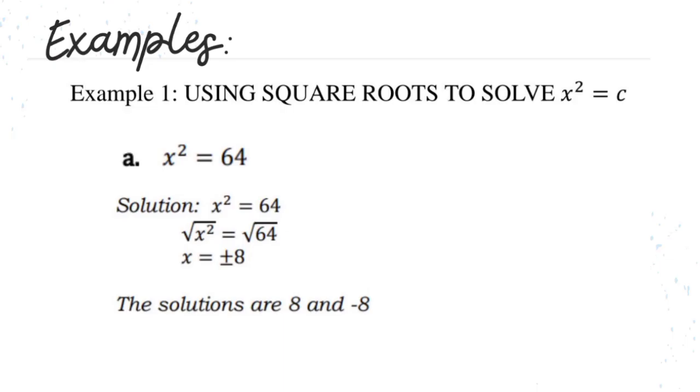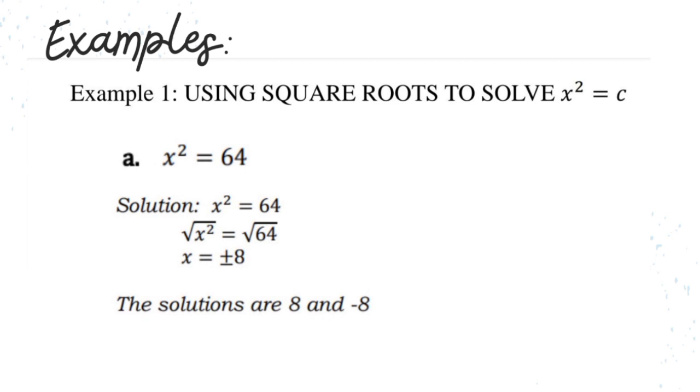For our example number 1, the given equation is x squared equals 64. Since there are only two terms, we're simply going to extract the roots directly. For x squared, when you extract it, you get x. And for 64, when you extract it, you get 8.